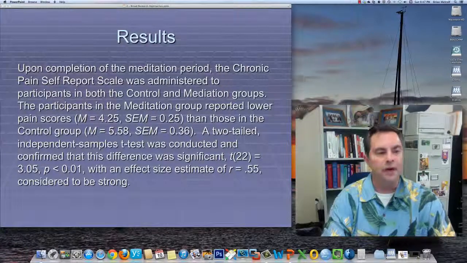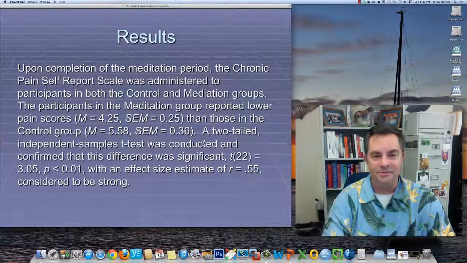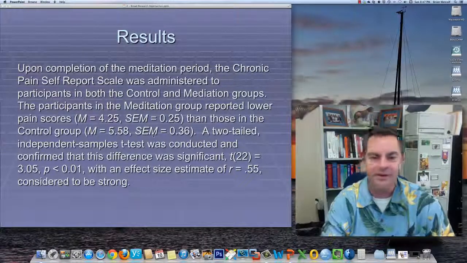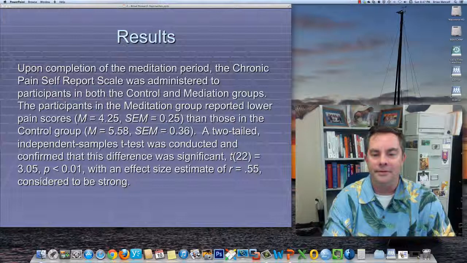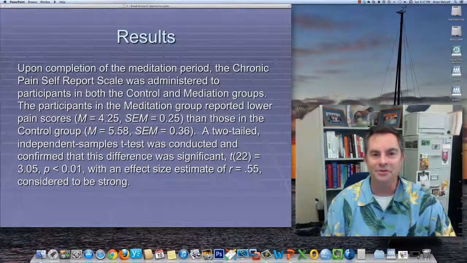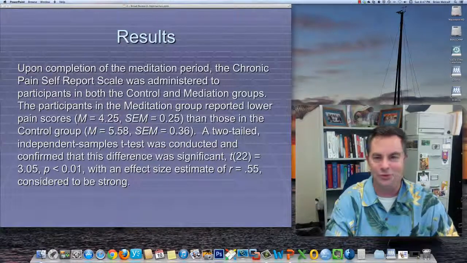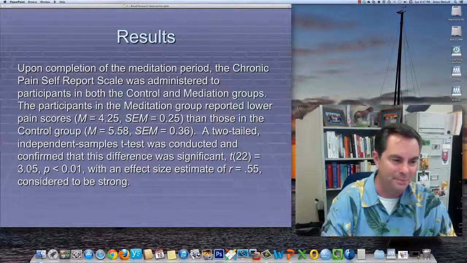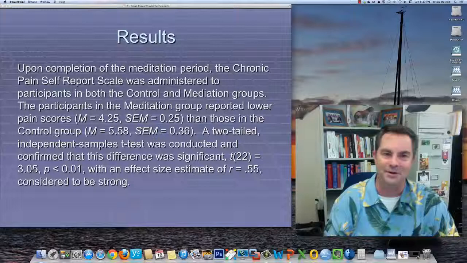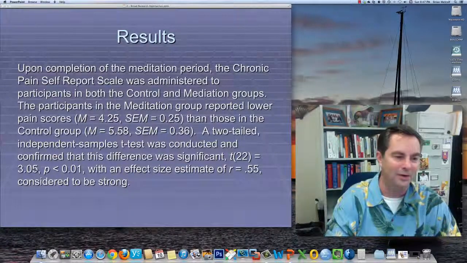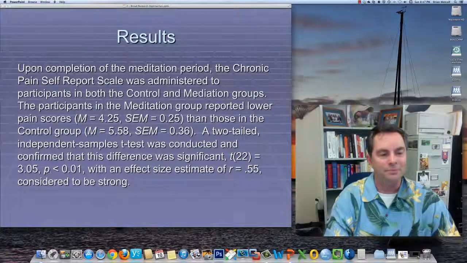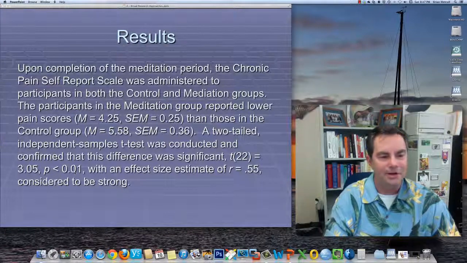I go on. A two-tailed independent samples t-test was conducted and confirmed that this difference was significant. I had a t with 22 degrees of freedom, a term you'll learn and understand later. The t with 22 degrees of freedom was equal to 3.05. If you remember, that was roughly the number that was the t-test after rounding it. Okay, and the probability of that was less than 0.01.